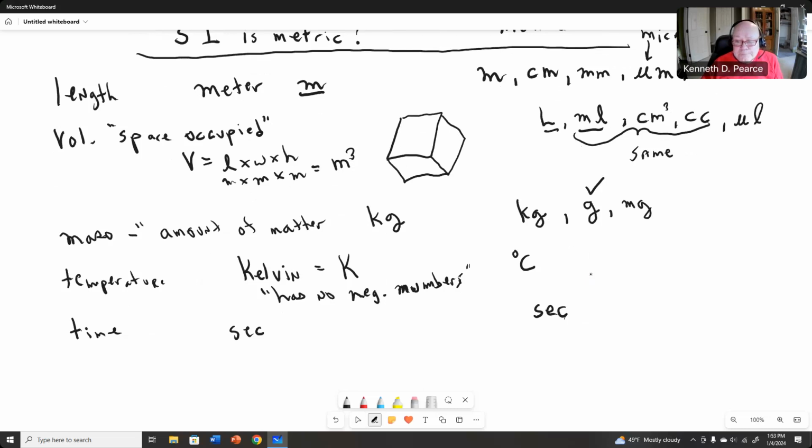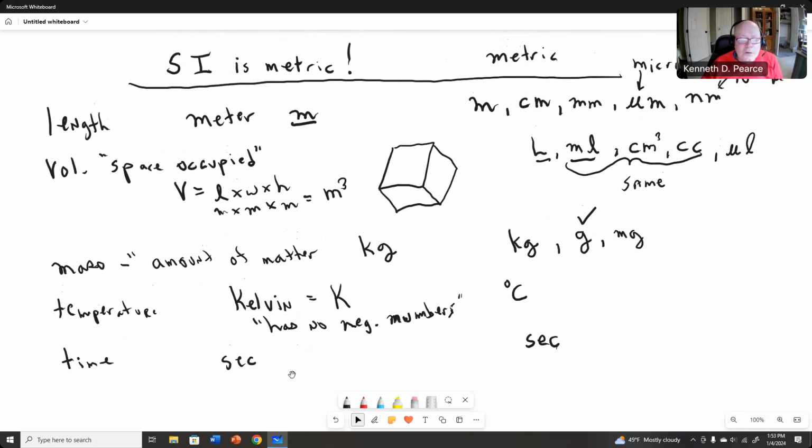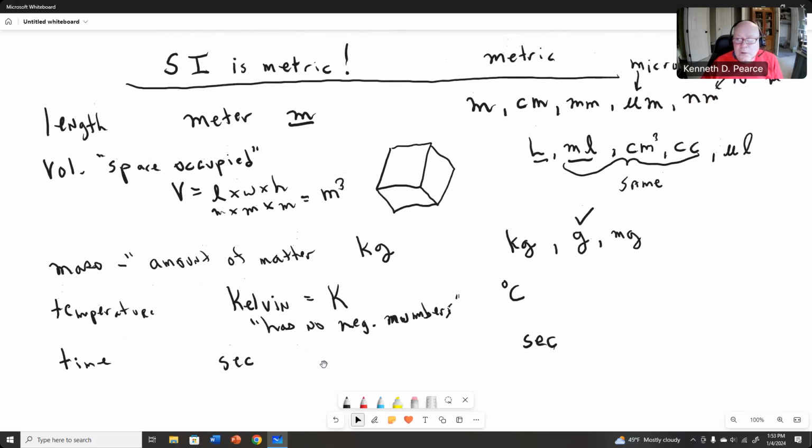It's not unusual to say per hour, like kilometers per hour, and we just kind of ignore that. But generally speaking, your SI units have to be for time in seconds, because anything else like minutes, hours, days, years, those are not metric.